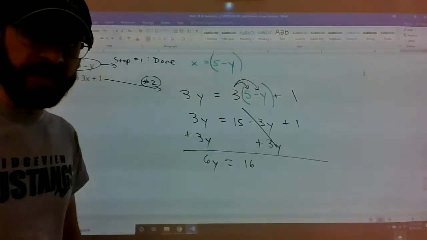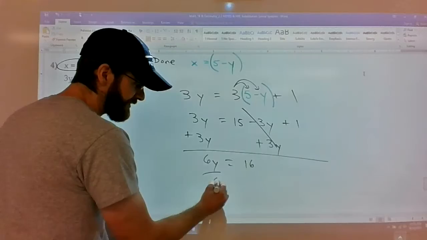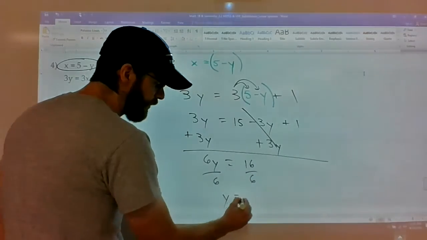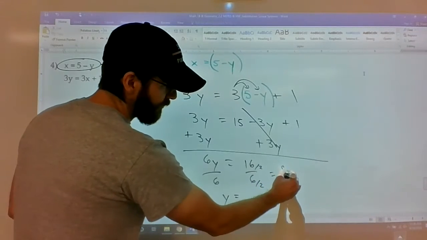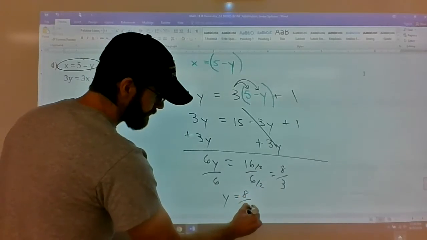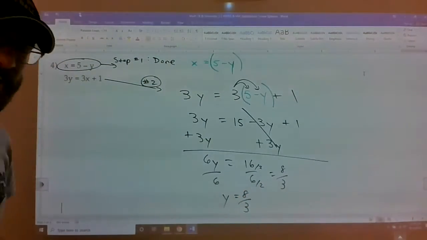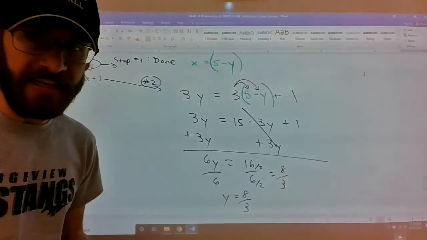All right, we're going to get a solution here. Divide by 6, divide by 6. Y equals, you can cut that in half, 8 over 3. And it's a messy solution, but still, it's a solution.